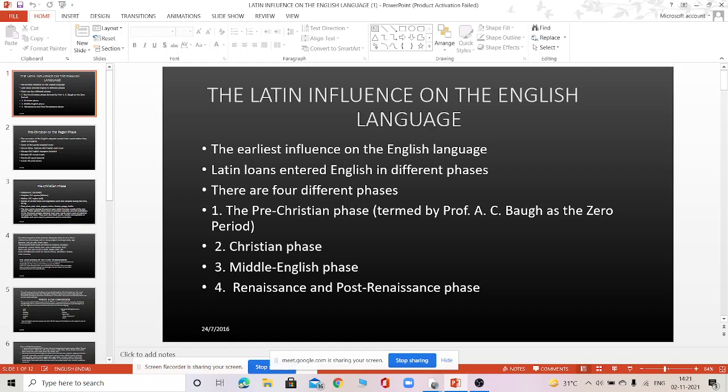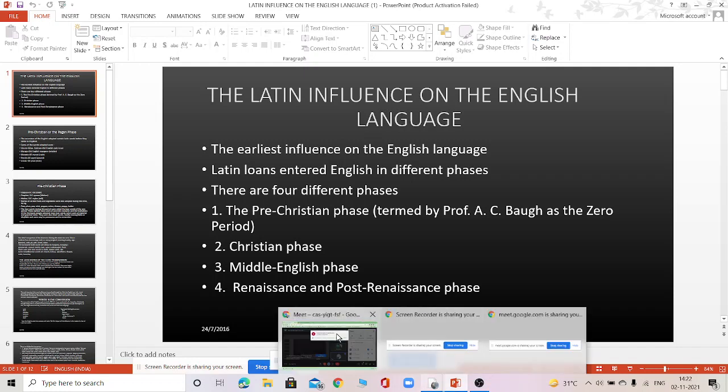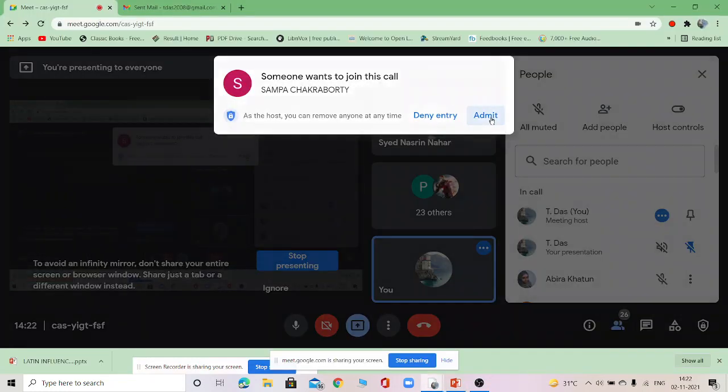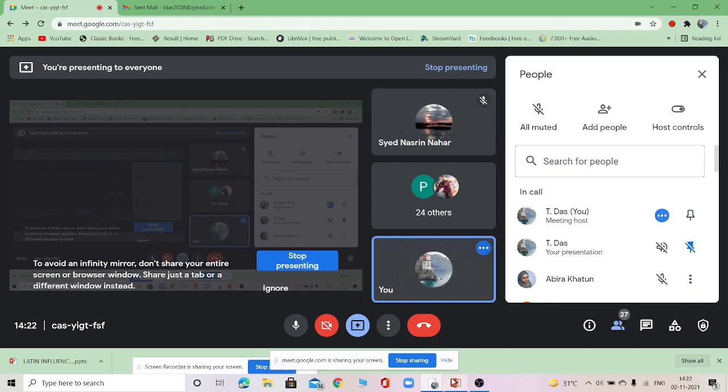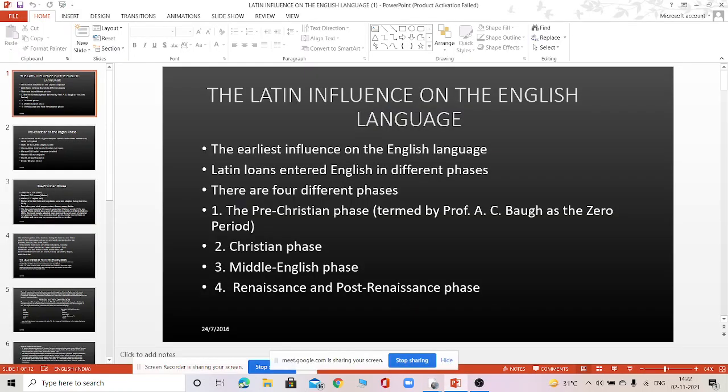Then comes the Christian phase, when Christianity came to England. After that, the third phase, which was the Middle English phase, and lastly, the Renaissance and the post-Renaissance phase. So these are the four phases which we need to look at.